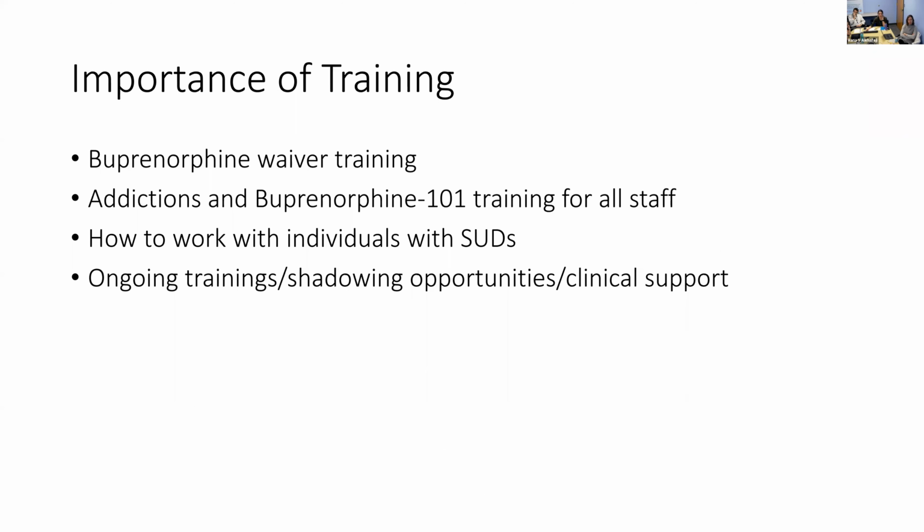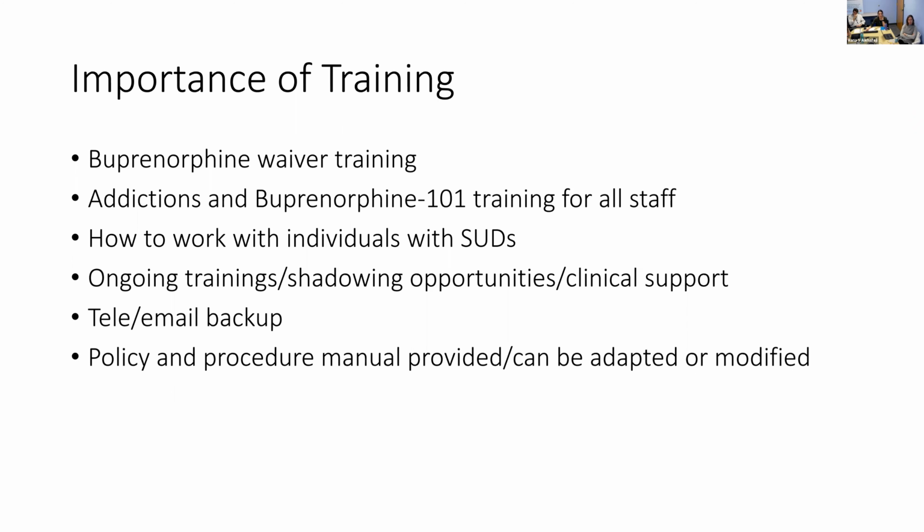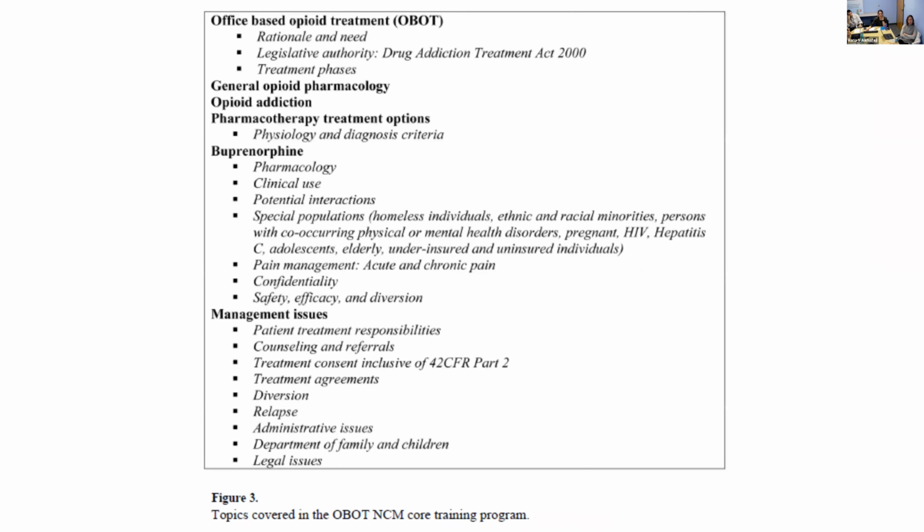And then they offered ongoing trainings, shadowing opportunities, and clinical support, and having the backup via telehealth or email. The policy and procedure manual can be adapted or modified for different sites. It's important to have billing support as part of the training.